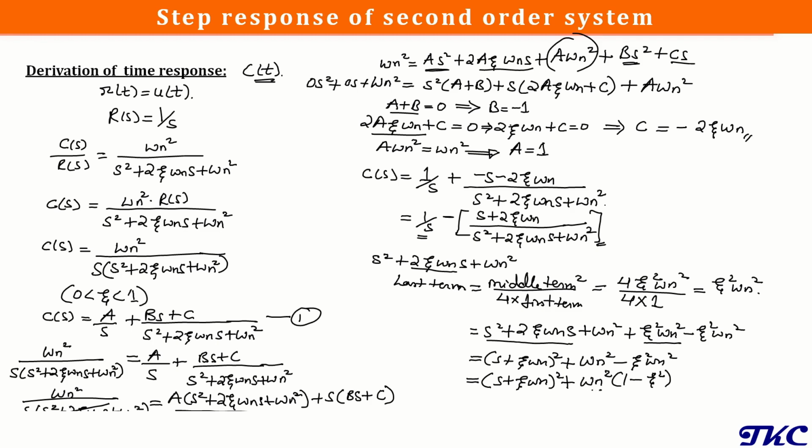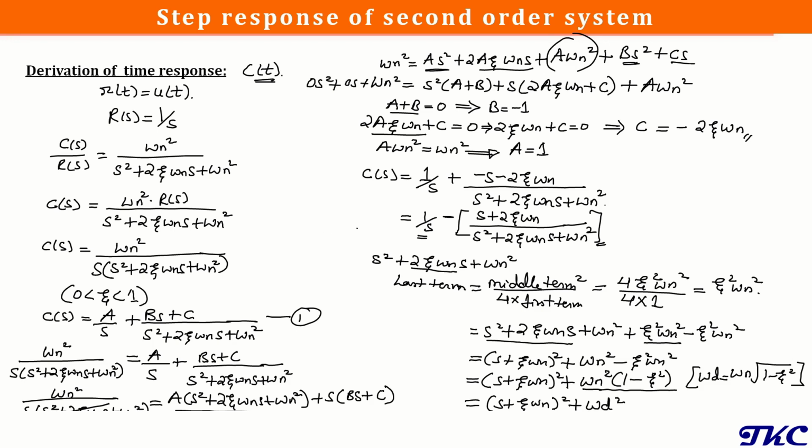Here this term belongs to the damping frequency, and that we write as omega d is equal to omega n under root of 1 minus zeta square. So this term is nothing but the damping frequency of the system. Now let's rewrite this expression as bracket S plus zeta omega n the whole square plus omega d square.